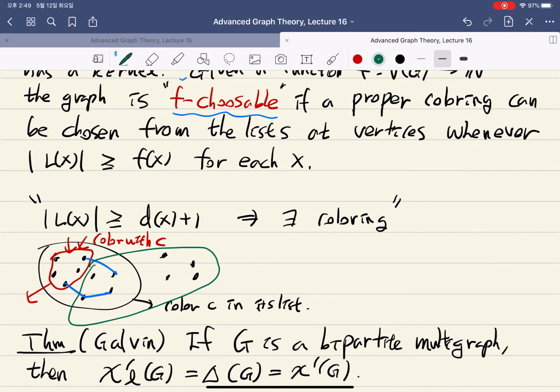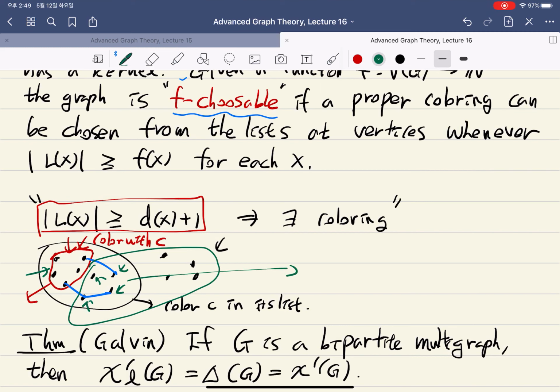But while we're doing that, in order to use the induction, we take the remaining vertices, the remaining graph. Then we still want this to satisfy the condition. Because we already colored these vertices with color C, and we wish not to use the same color anymore, we delete C from the list of each of these vertices.